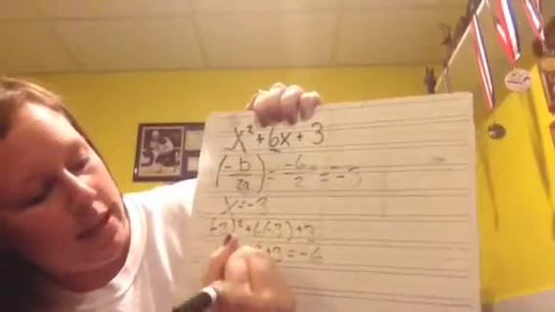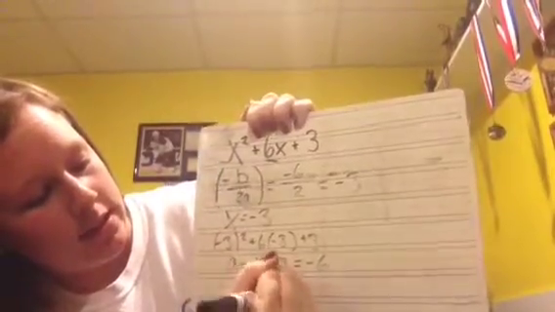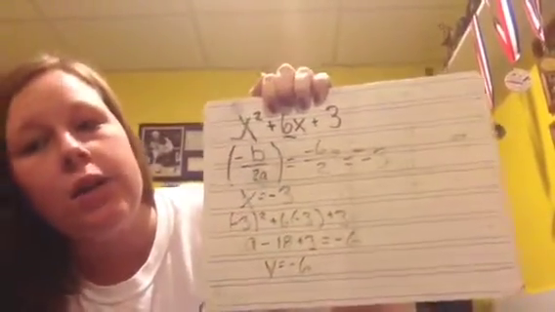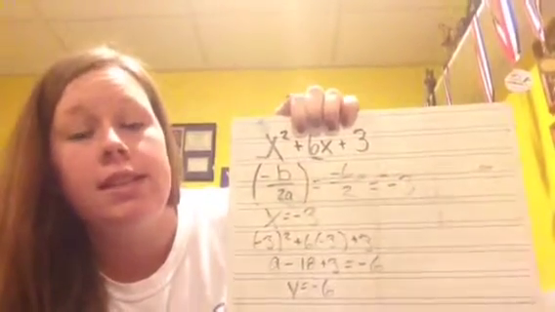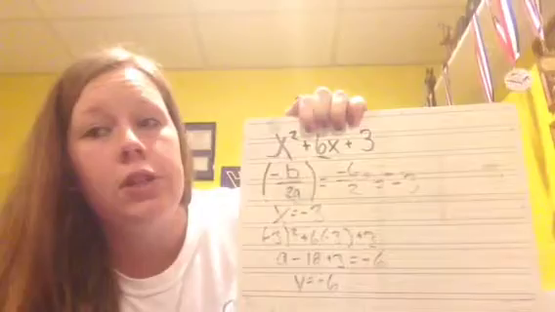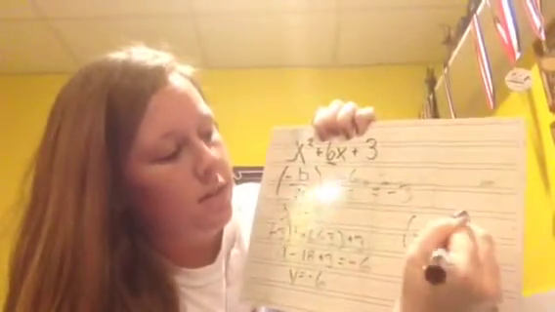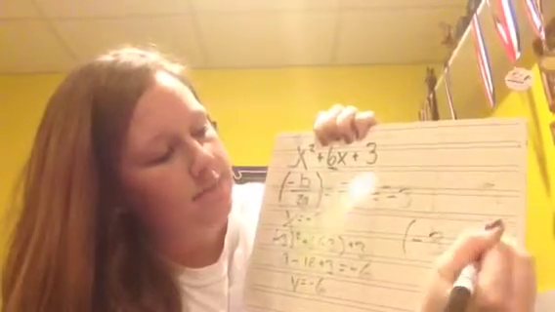Therefore, y equals negative 6. Now you have your x-coordinate and your y-coordinate, which creates your vertex, and in this case, the minimum. So your minimum is negative 3, negative 6.